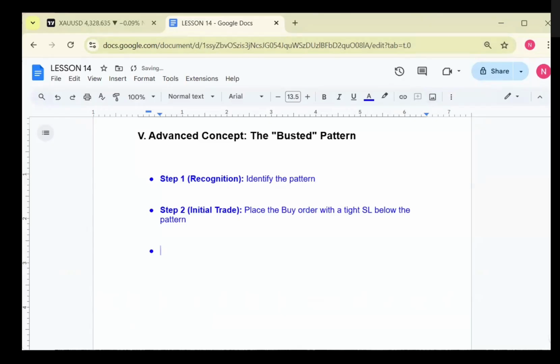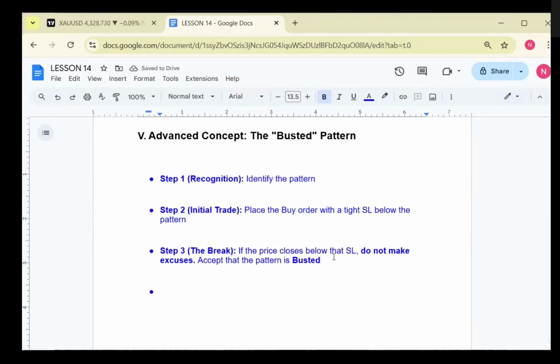And step three, the break. If the price closes below that stop loss, do not make excuses, accept that the pattern is busted. All right. So the above two steps are for the normal condition, right? But for the next step, when we realize that this is the busted one, accept it and do not make excuses.